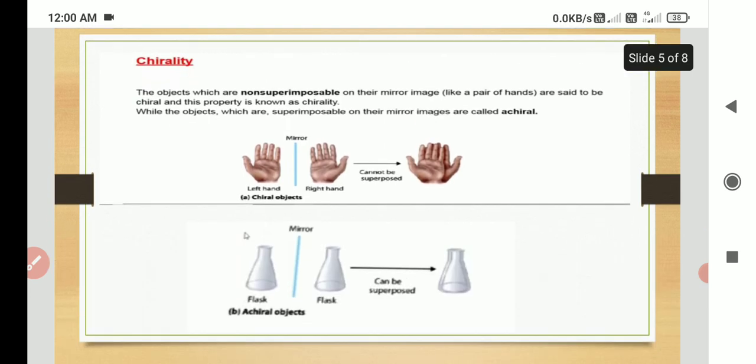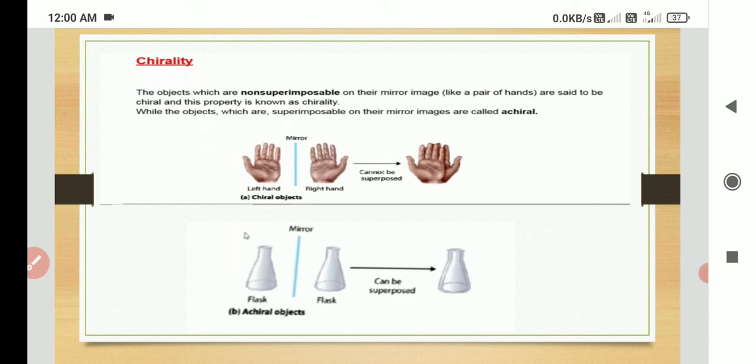Chirality. What is chirality? The objects which are non-superimposable on their mirror image are said to be chiral, and this property is known as chirality. Let's see. This is my hand.